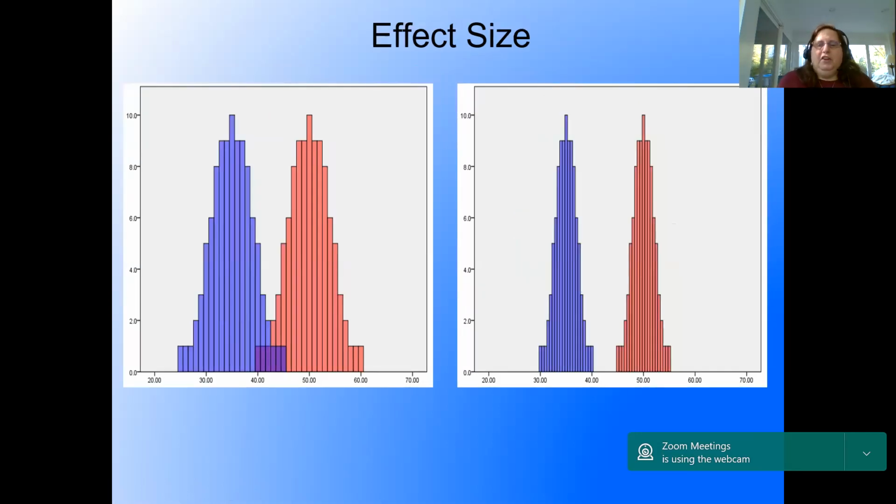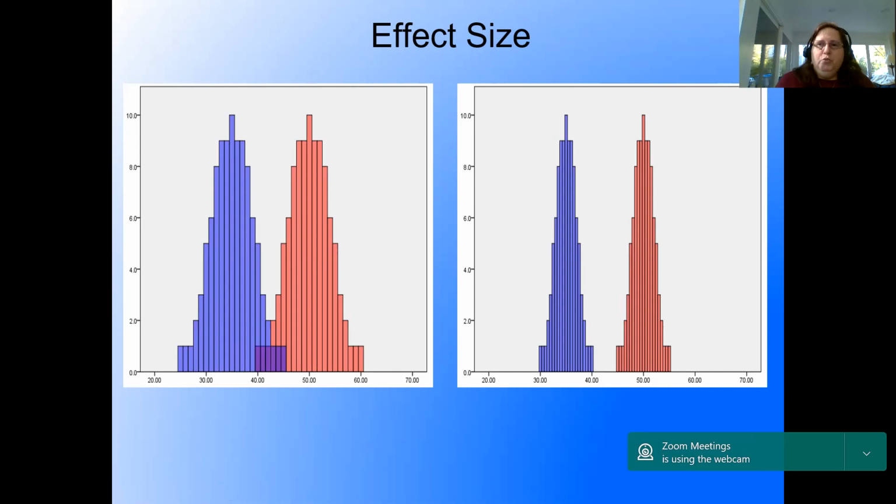Now, let's look at the standard deviation piece, because that one's a little bit more difficult to understand. Over here, we have a mean of 35 and a mean of 50 on the left side. On the right side, we also have a mean of 35 for the blue and a mean of 50 for the red. So in this case, the difference between the means in both pictures is about 15. No change.